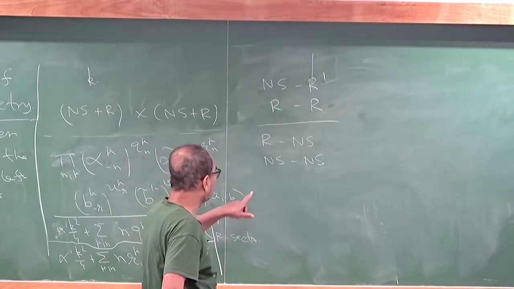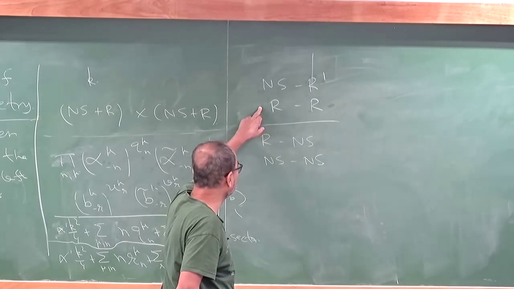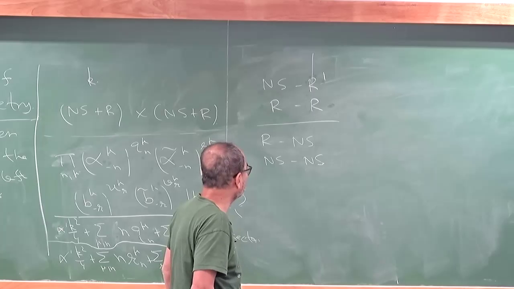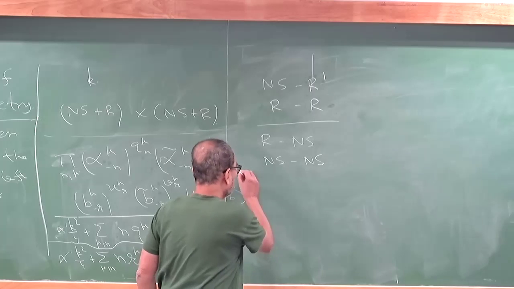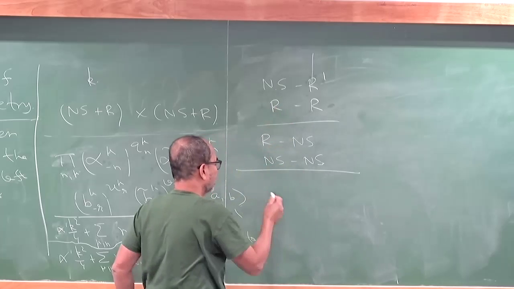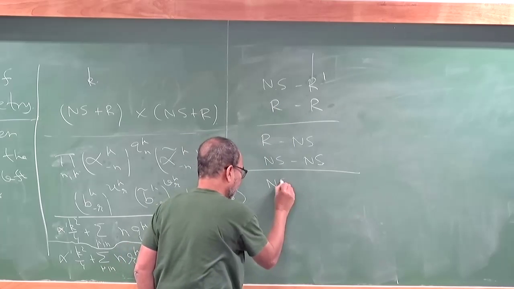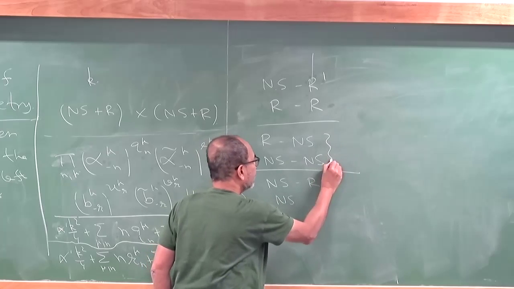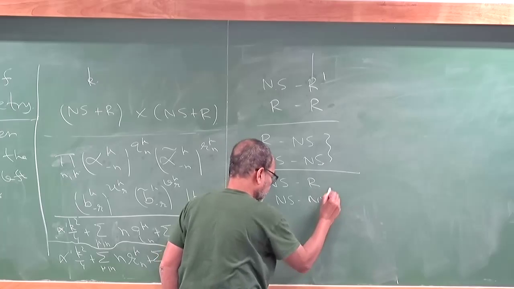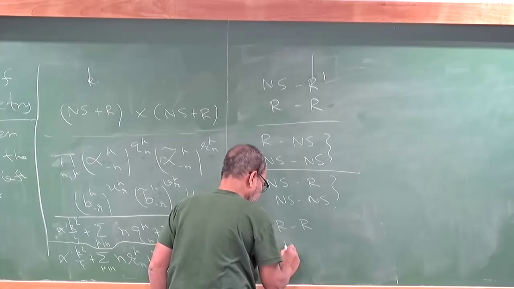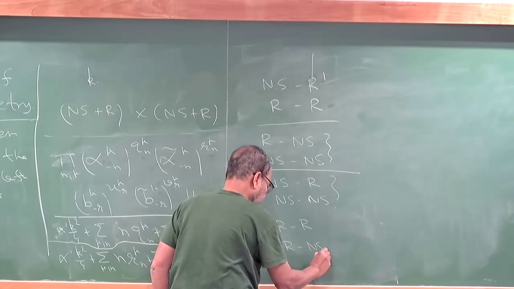So this is on the left, and this is on the left. Similarly, on the right, we can do NSR and NSNS. So these will match. And then RR and RNS. These will also match.